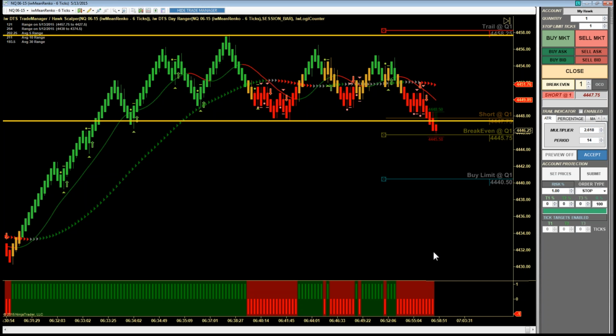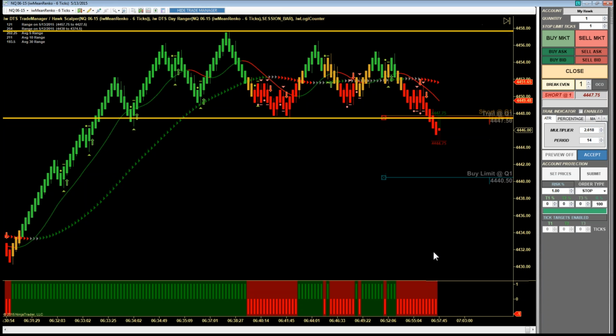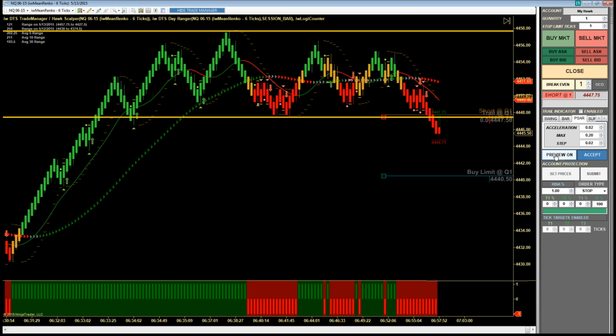There we go. About to hit our break-even trigger. Get down there. There we go. Trades at break-even. And now I can look at perhaps doing something like a parabolic or a bar high-low.